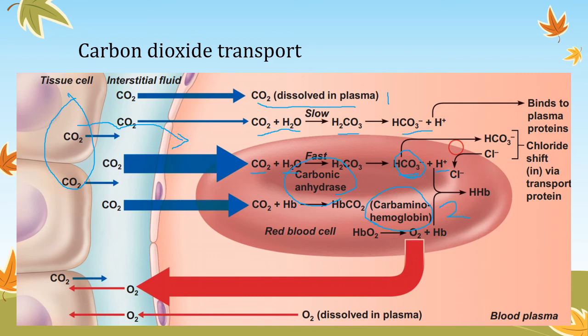What it means is that for one chloride ion entering the red blood cell, one bicarbonate is released. And what about the proton? The hydrogen ion is also called the proton. The hydrogen ion, or proton, will combine with hemoglobin and becomes HHb. So this is combined with hemoglobin.